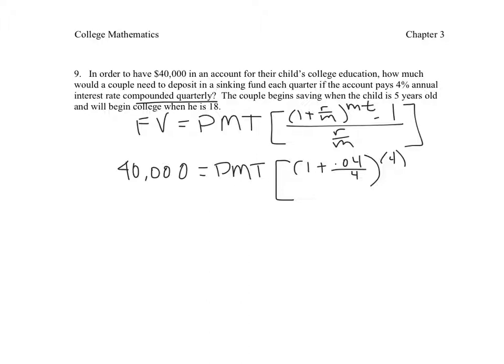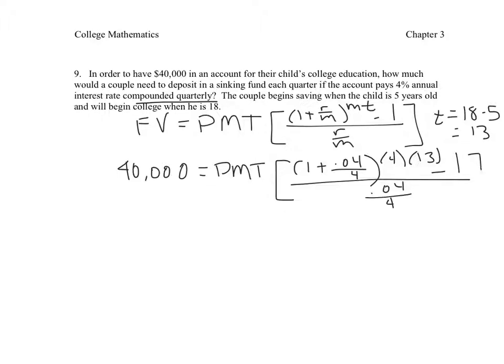If the couple begins when the child is 5, and he's going to start college at 18, I have to subtract. T is equal to 18 minus 5, which is 13. So for 13 years, this is what they're going to do. And then we'll divide that by 0.04 over 4.